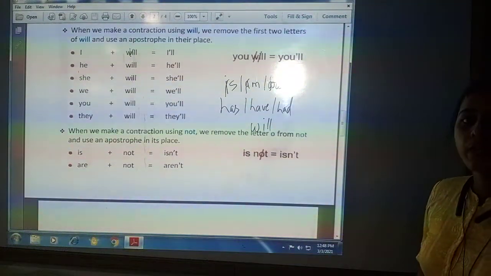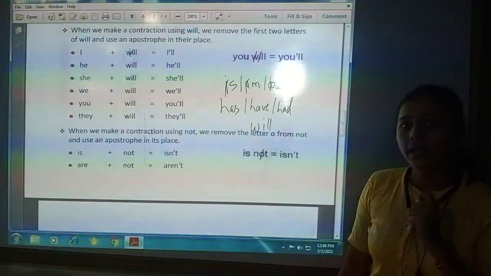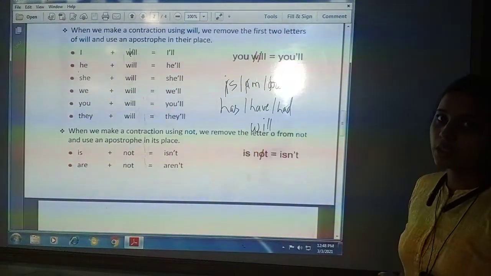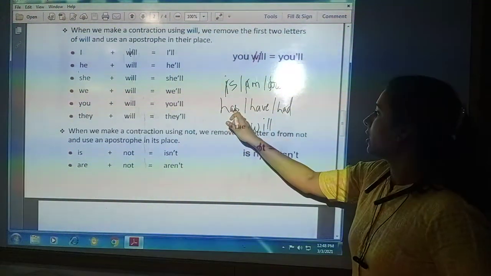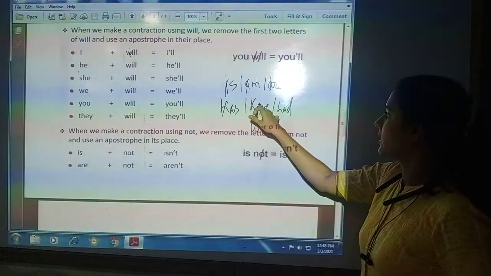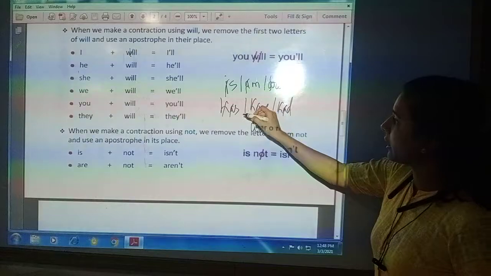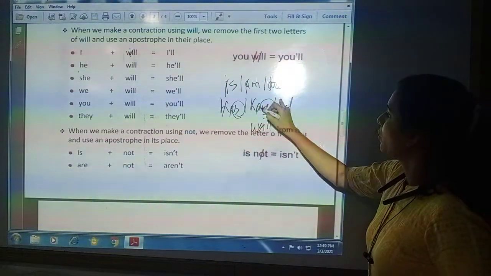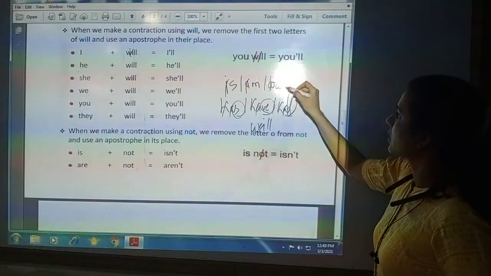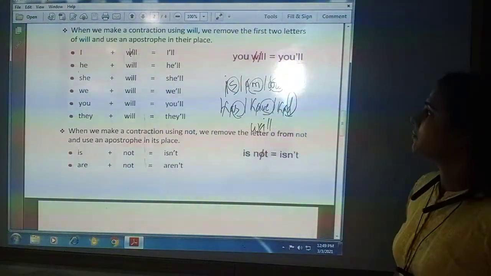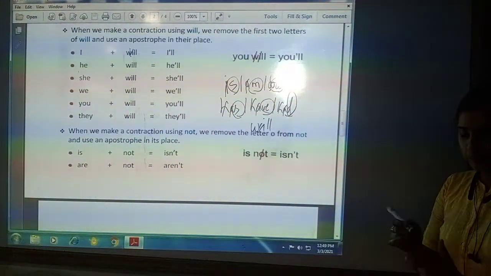Then we saw has, have, had and will. In that we will remove two initial letters of that word, H-A, H-A, H-A, W-I, and the remaining letters will be kept after the apostrophe. Clear?